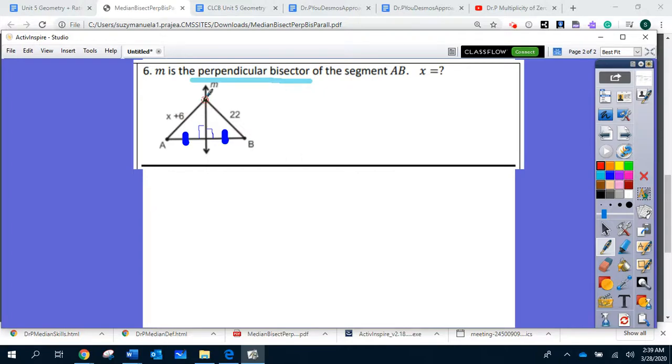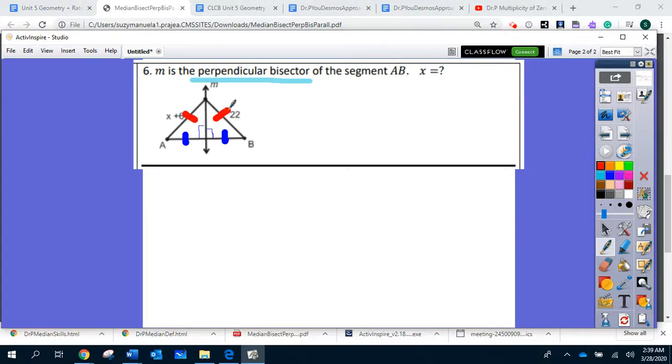But if you remember the property of the perpendicular bisector, it says that any point of the perpendicular bisector is equidistant from the endpoints of the segment. So these distances should be equal.